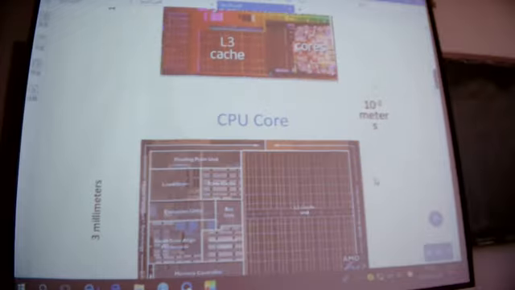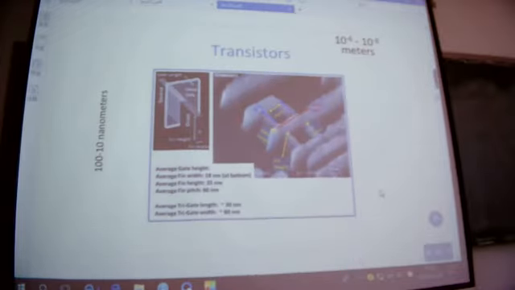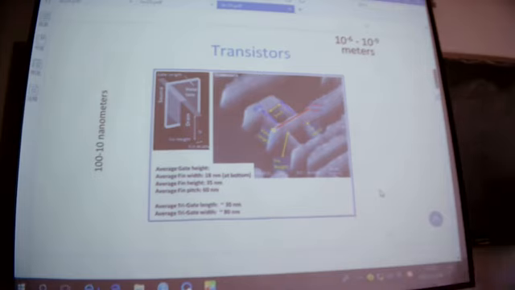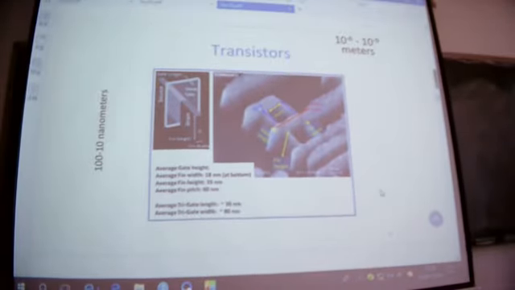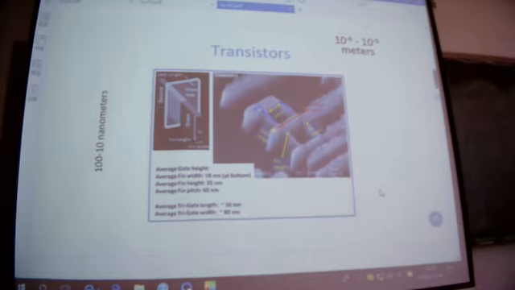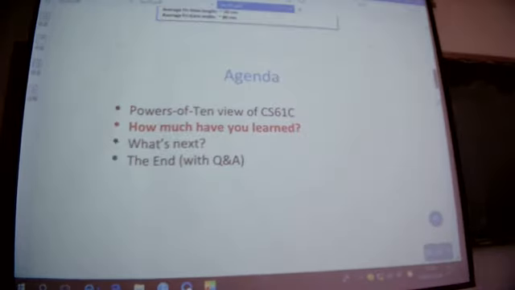And we can see there are transistors. For transistors, you can see the average gate size is also in nanometers. So this is the powers of 10 view.